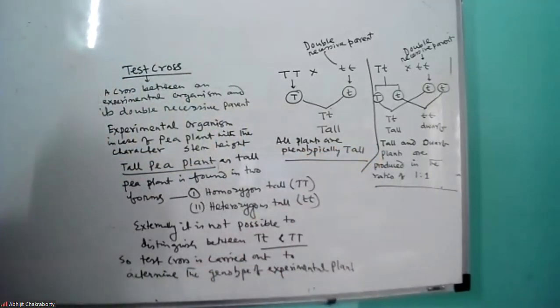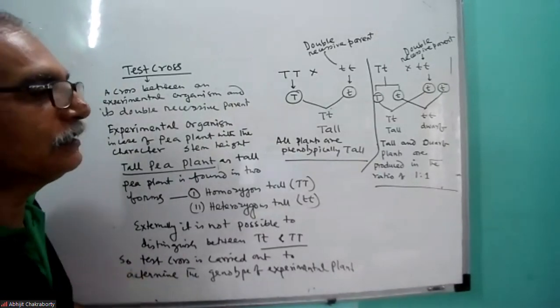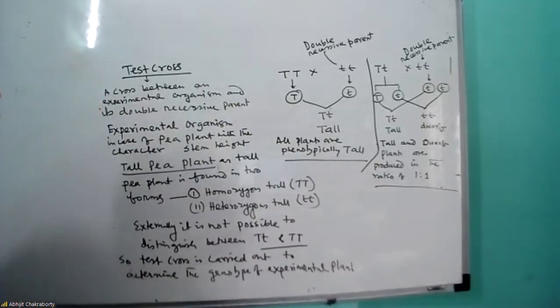Look, the result of the test cross in one case is that tall and dwarf plants are produced in the ratio 1:1. In this case, all plants are not tall. Clear?